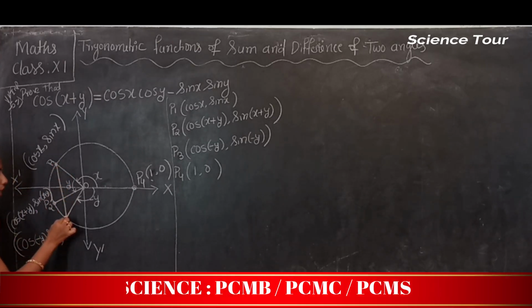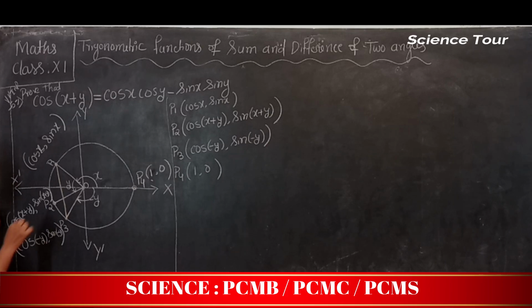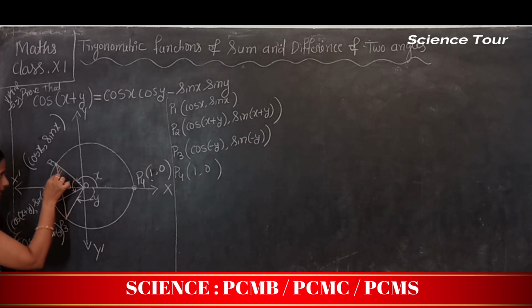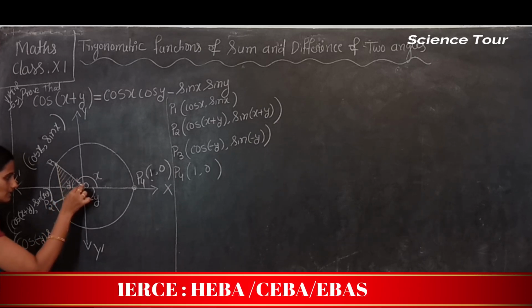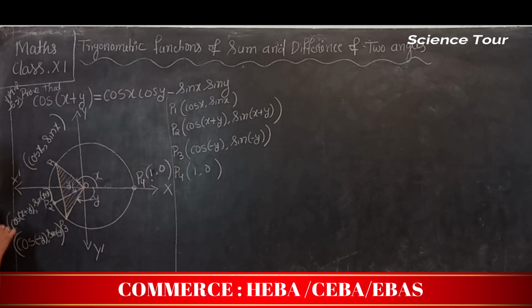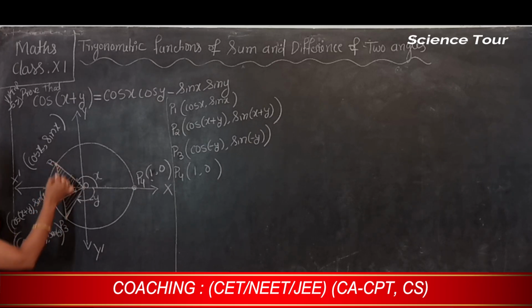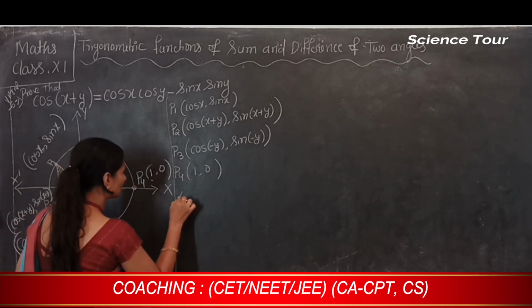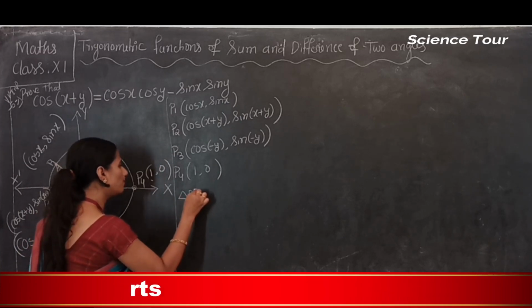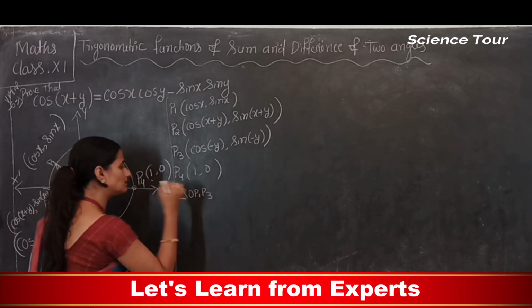If you join the odd numbers, can you identify the triangle? Yes, you can identify the triangle. So I am shading this. Which is your triangle? From the figure, the triangle is OP1P3. Is it right?